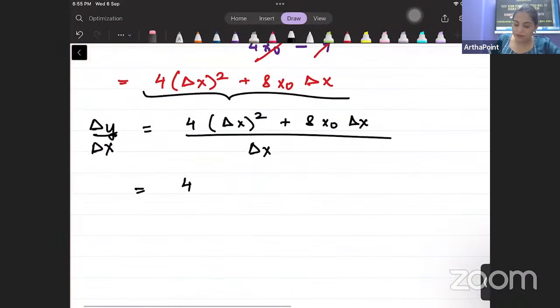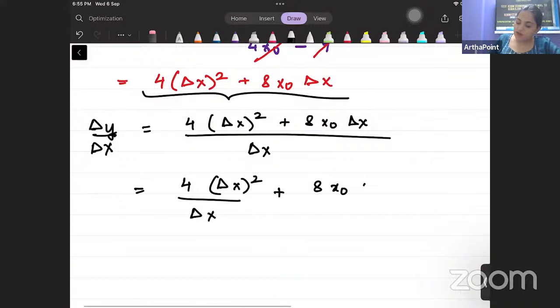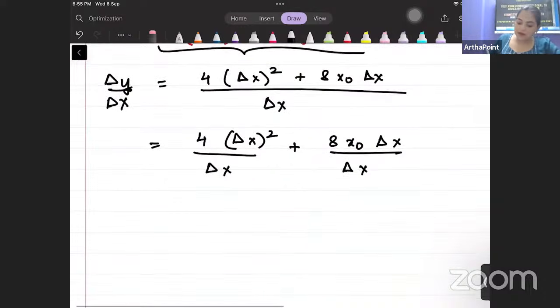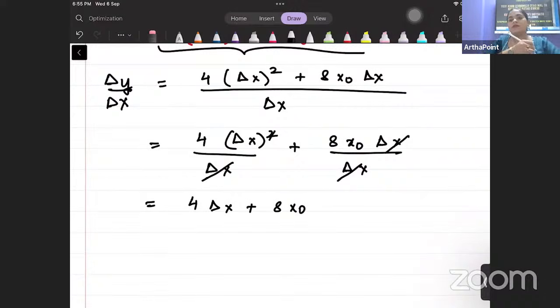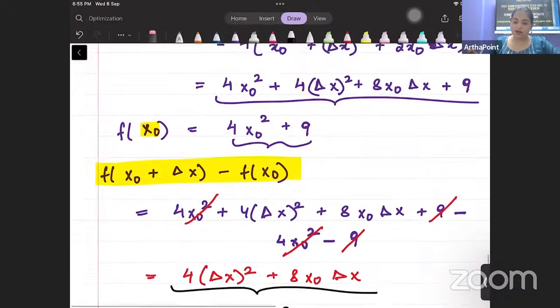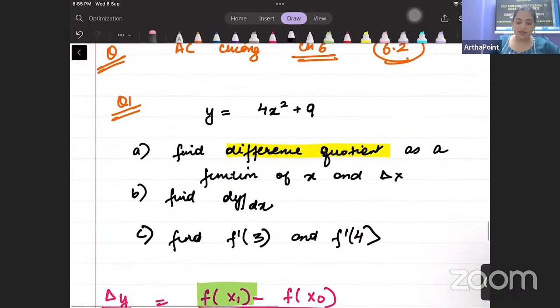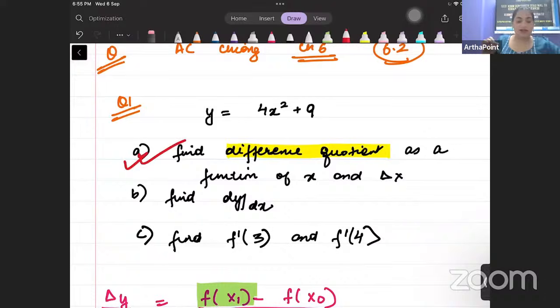What will you get? 4 change in x whole square upon change in x plus 8 x naught change in x upon change in x. So this will cancel out, leaving 4 change in x plus 8 x naught. This is the first part of this question. We have been able to find the difference quotient. Okay beta, look at the next part.